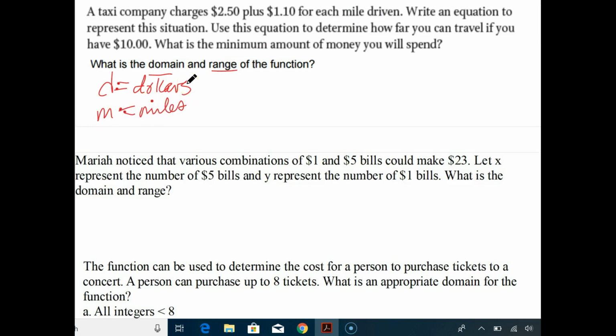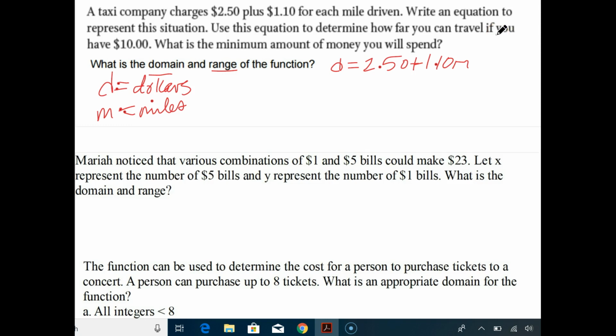So those are my unknowns. So when I look at this, my dollars that I spend, D, is going to be equal to $2.50 plus the $1.10 per mile. That's supposed to be an M. I'm not going back and erasing that. We know that's supposed to be an M.